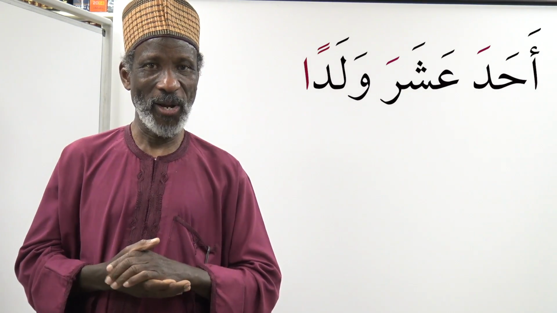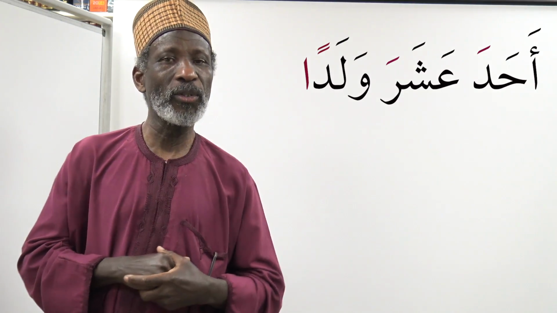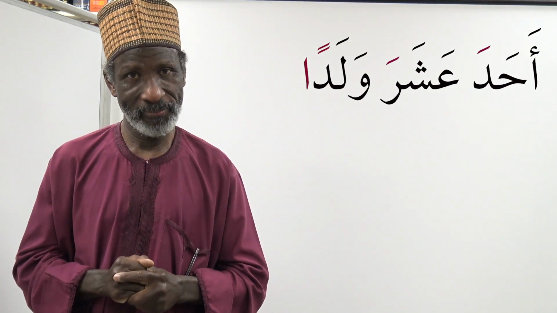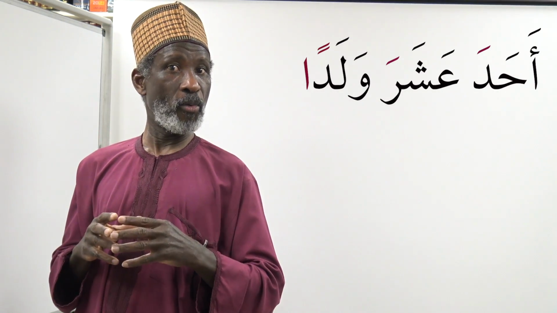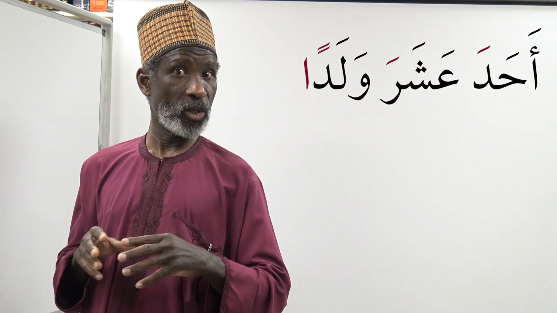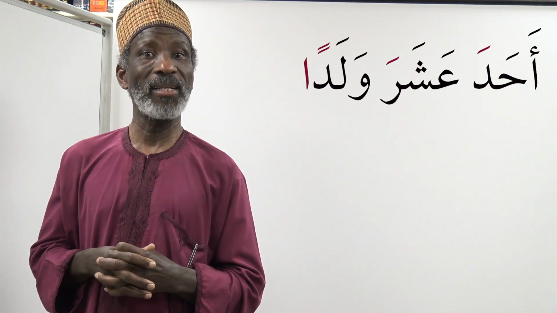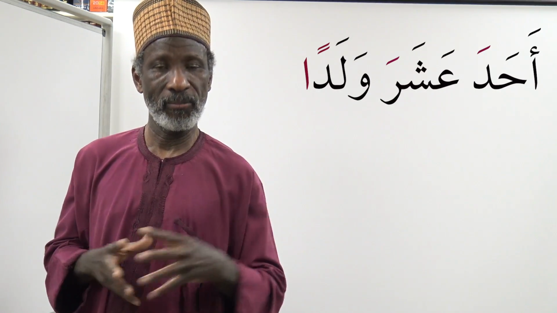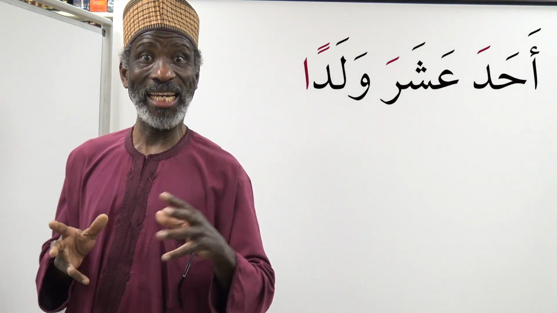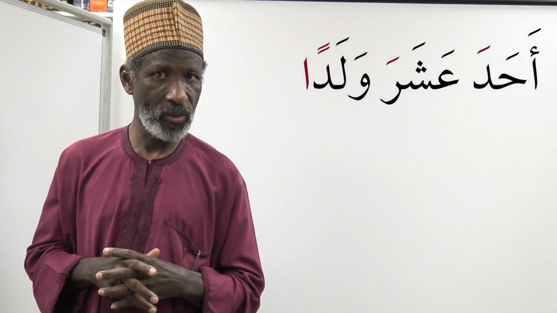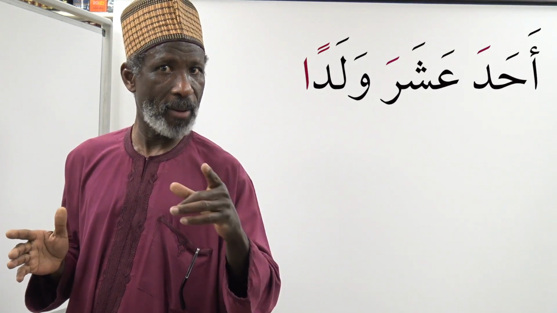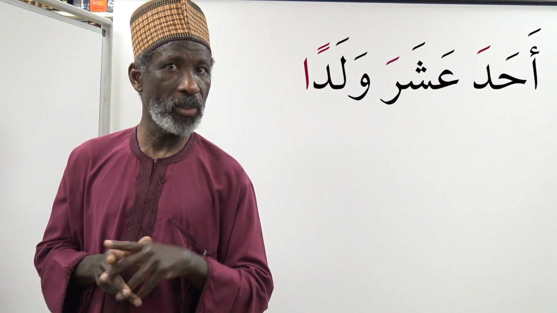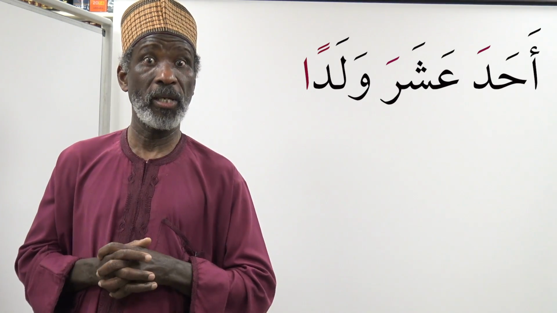So, here we go. What about if I want to say 11 girls? I need to find the feminine version of ahada, and that is ihda. Once I say ihda, I'm counting feminine, so the number 10 also has to be feminine.